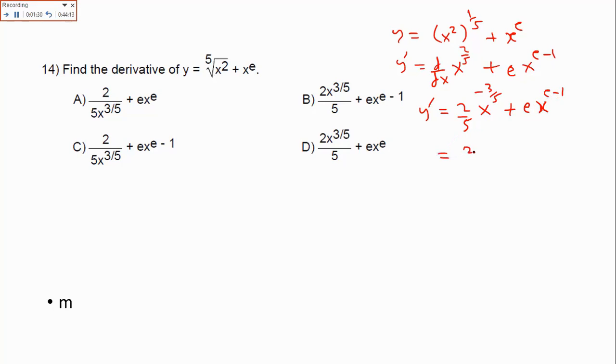And this is going to give us 2 over 5, and then x to the power 3 over 5 is just 1 divided by x to the power 3 over 5, plus e multiplied by x to the power e minus 1. Which one is it? I think this is this one. Right? Okay, let's go to the next.